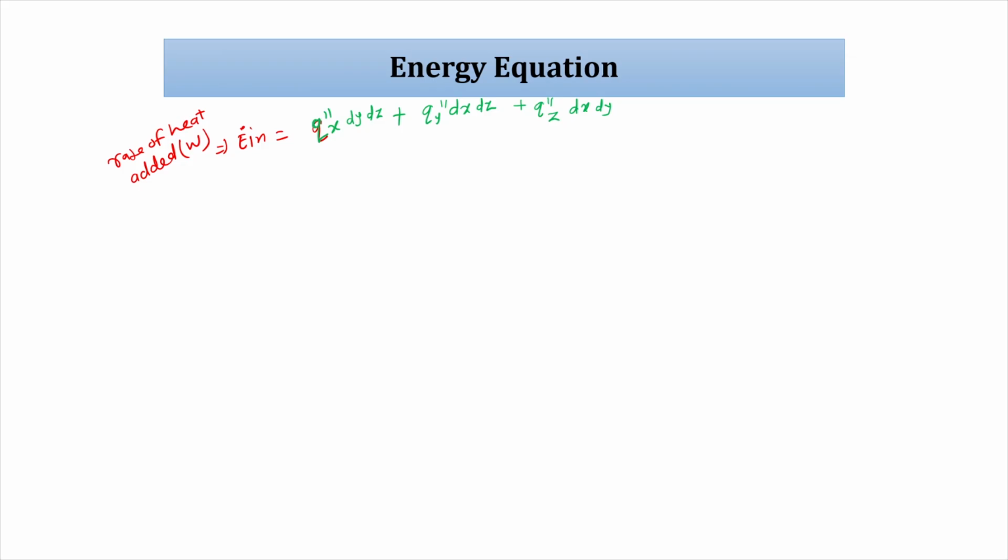This is due to conduction, the energy exchange due to conduction, plus rho u h x dy dz plus rho v h y dx dz plus rho w h z dx dy due to mass motion.